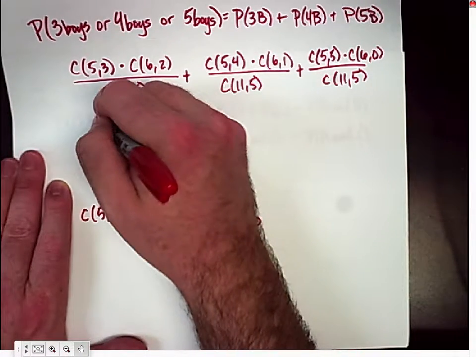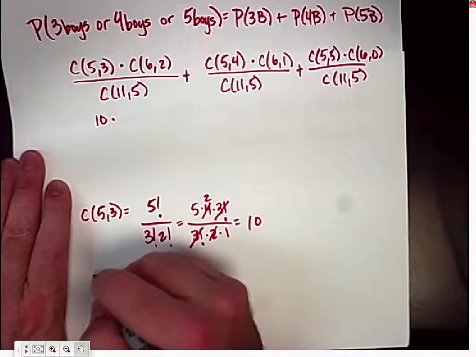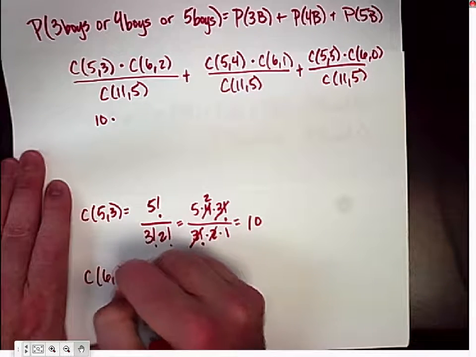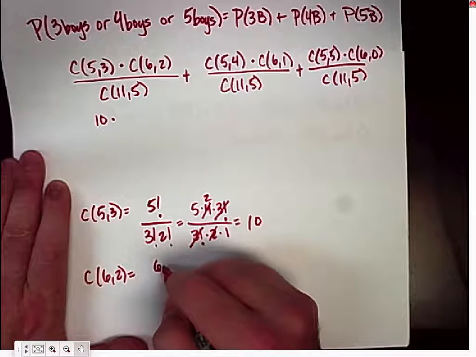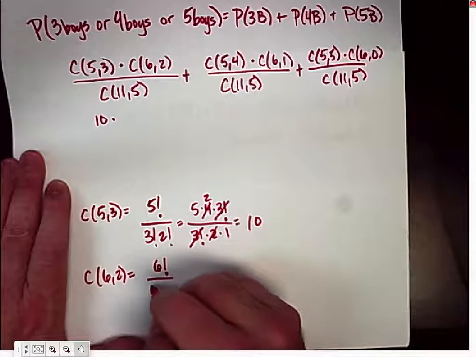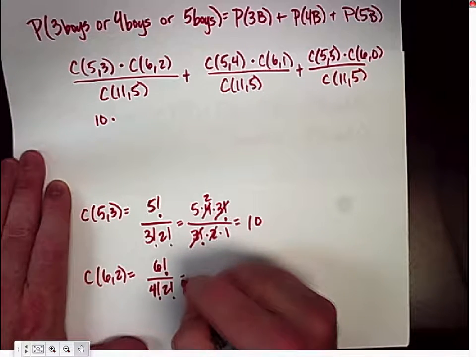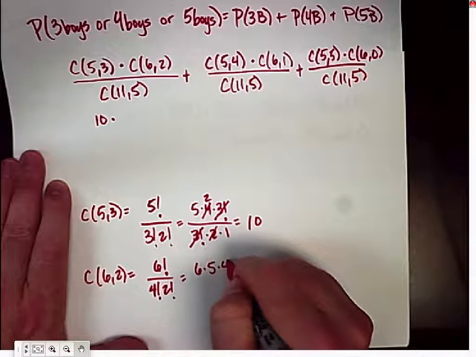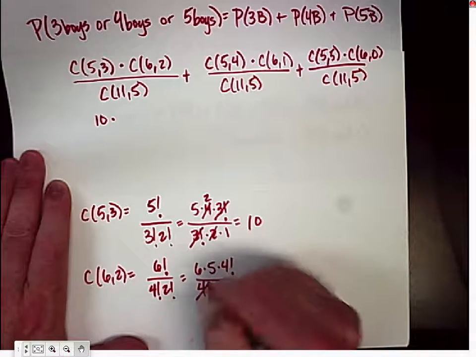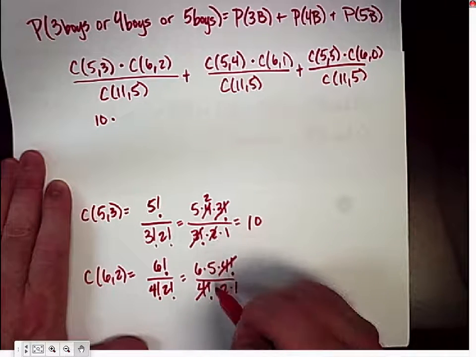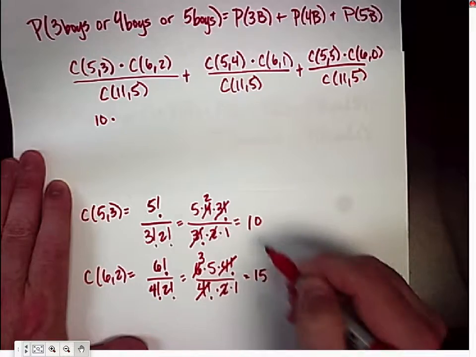So that is 10. What's the combination of 6 choose 2? That's 6 factorial over 4 factorial 2 factorial, which is 6 times 5 times 4 factorial over 4 factorial times 2 times 1. 2 goes into 6 3 times. That's 3 times 5 is 15.